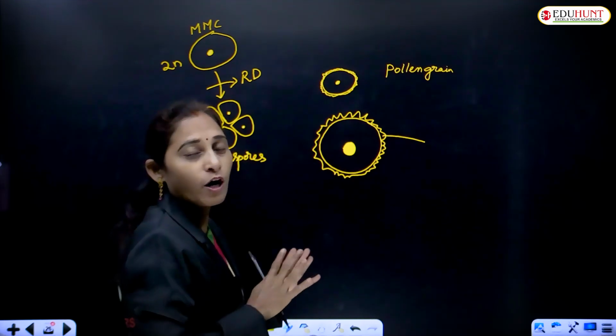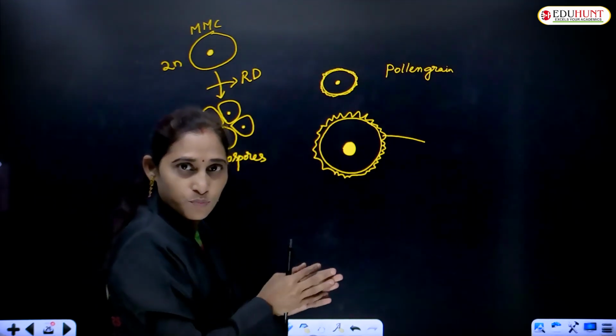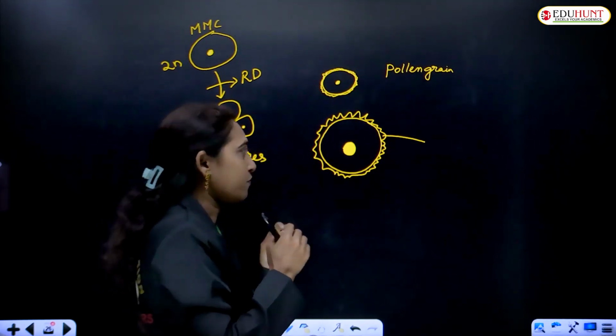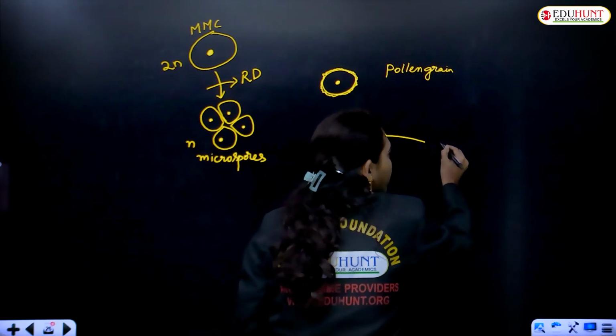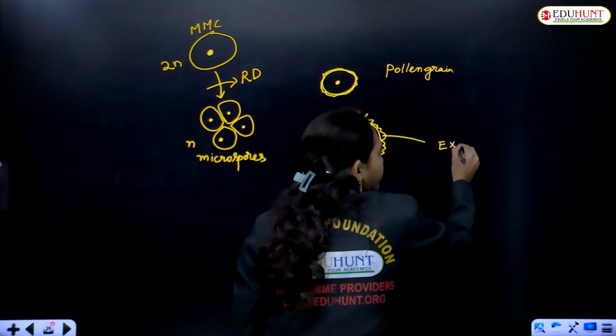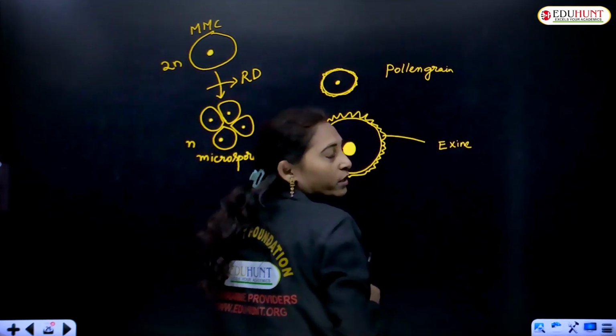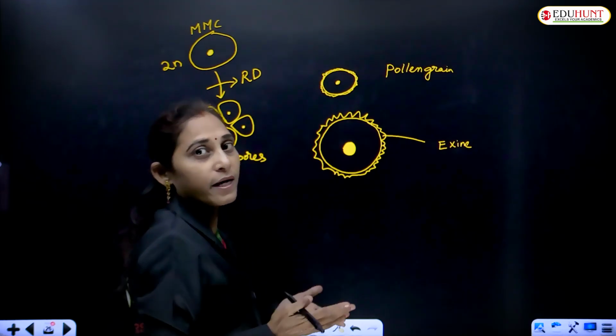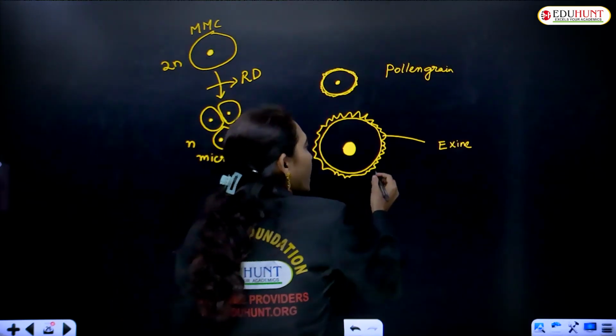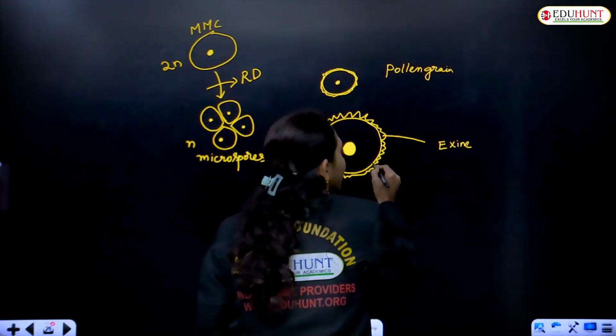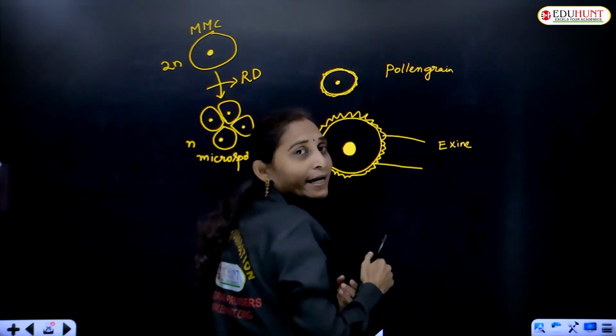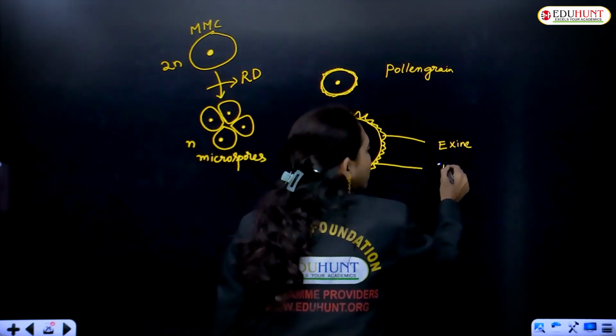It shows ornamentation, that is, it is not smooth. It is called the exine. The outermost layer of the pollen grain is called the exine, and the smooth inner layer is called the intine.